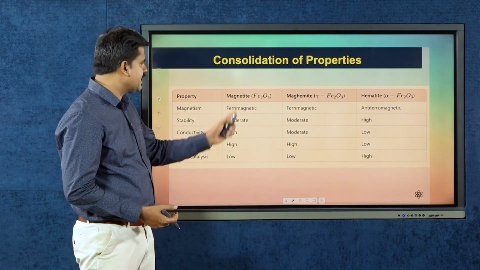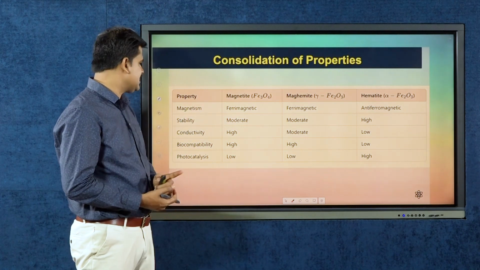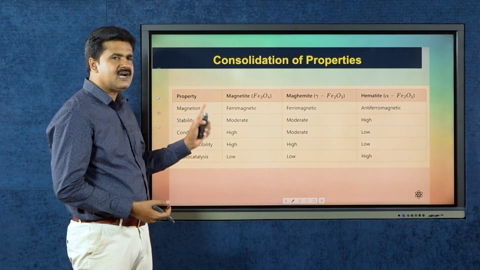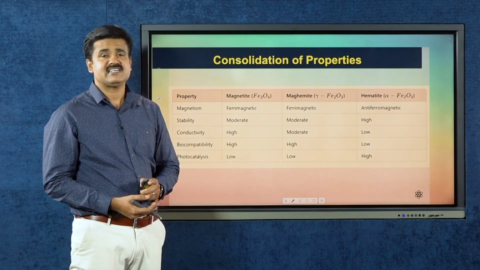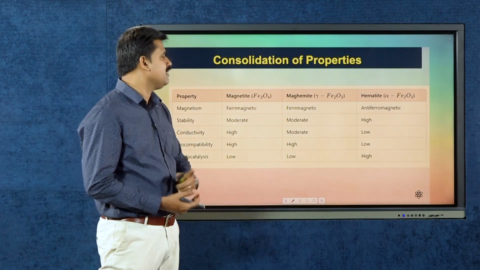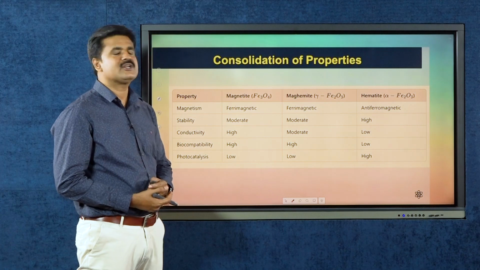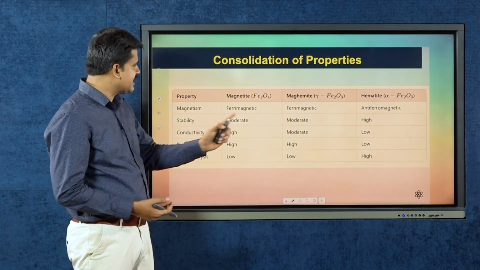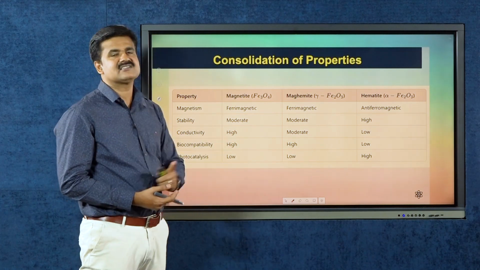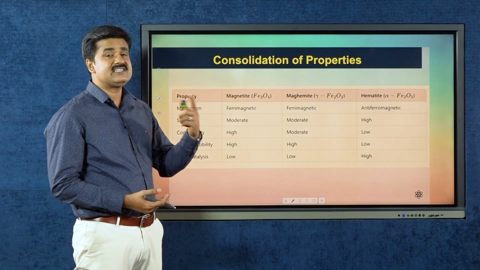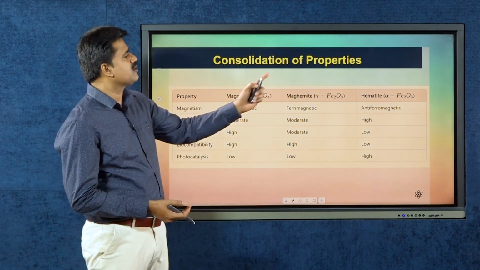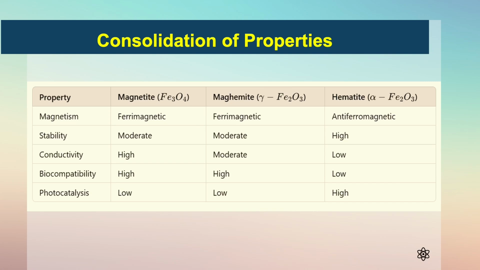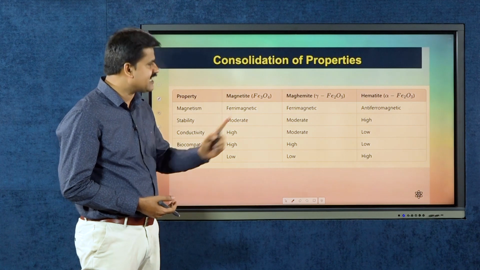Magnetite is ferrimagnetic, moderately stable, with high thermal conductivity, high biocompatibility and low photocatalytic activity. For maghemite, it is ferrimagnetic at ordinary conditions, moderately stable, conductivity is also moderate, biocompatibility is high but minimum photocatalytic activity. And for the final category, that is hematite nanoparticles, which are antiferromagnetic at ordinary conditions.